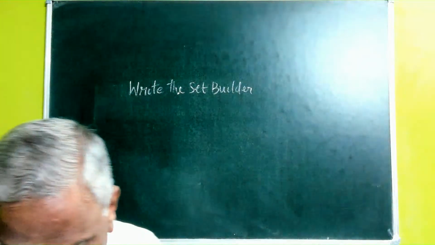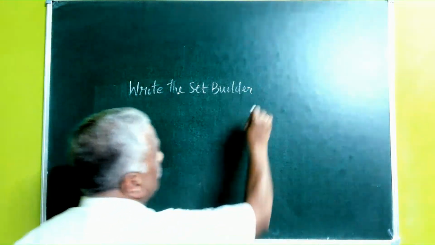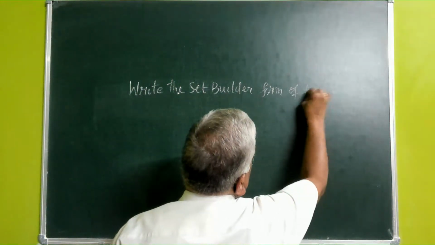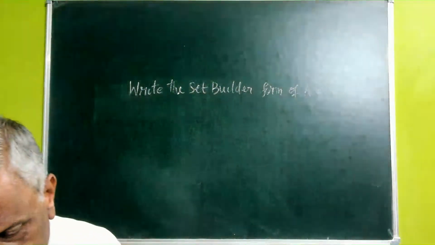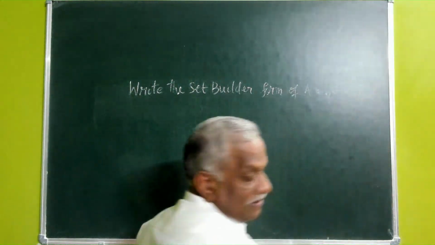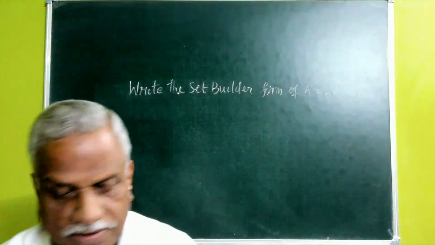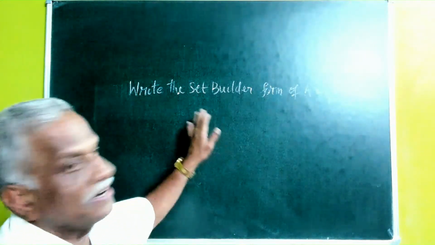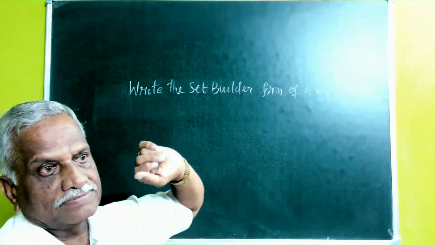Set builder form of A is equal to minus 1, 1. See here, you can write in different ways.